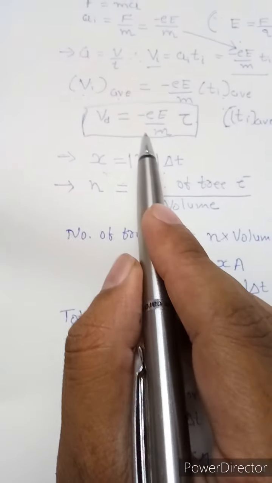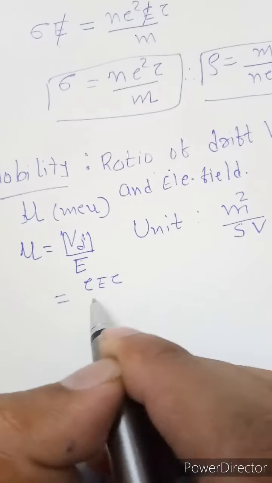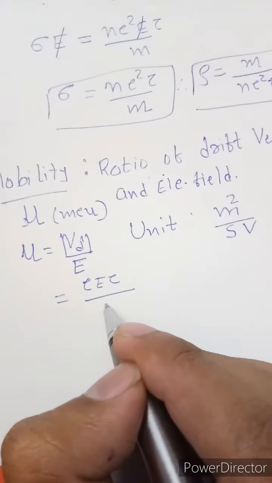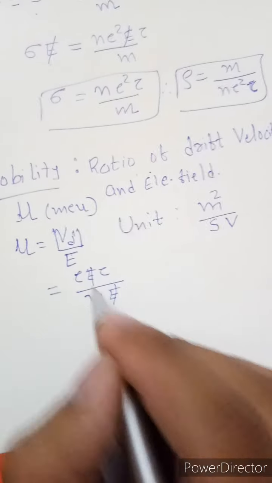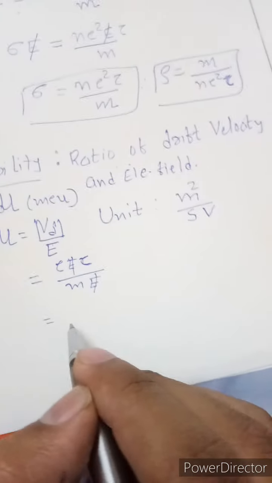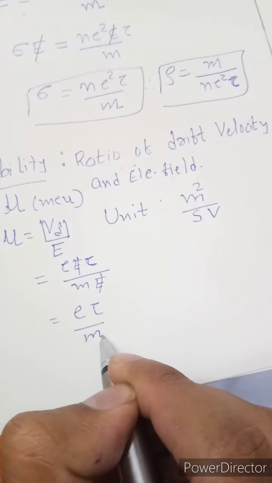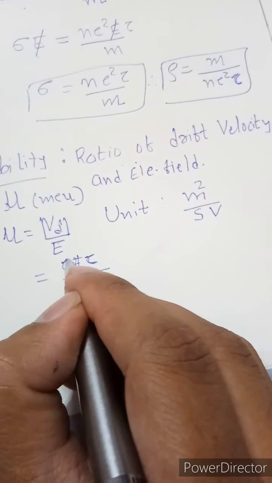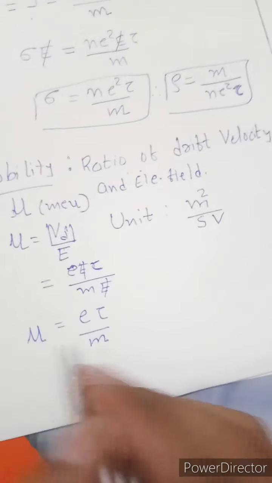Again, drift velocity is eτ/m. Here we are putting eτ/m into E, and E will be cancelled out. You will get eτ/m, and this is the formula to find μ.